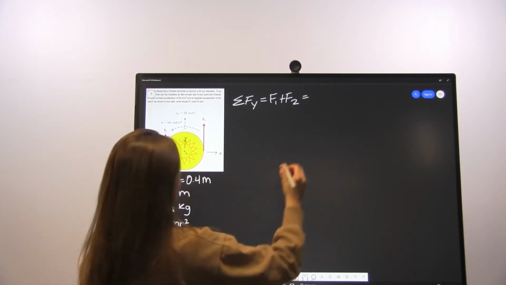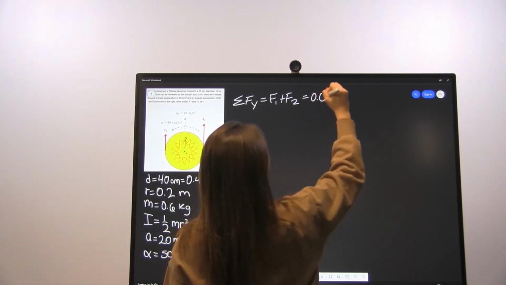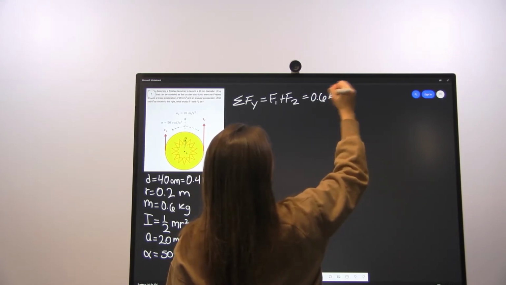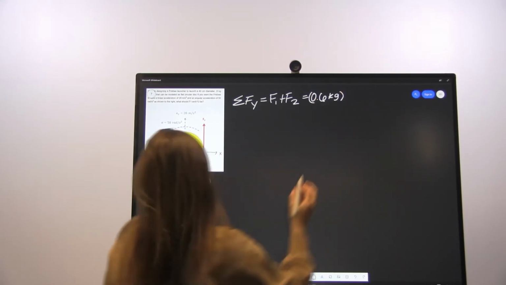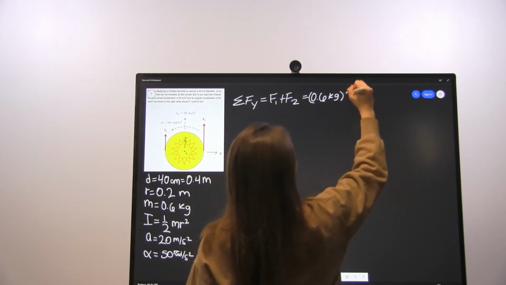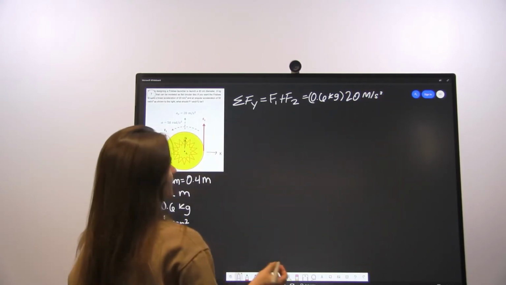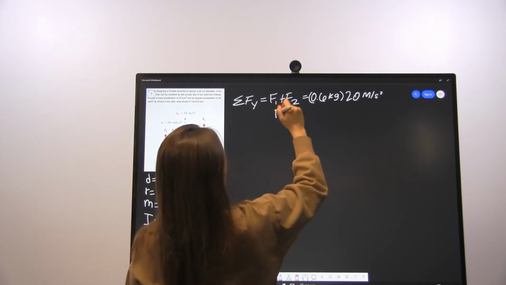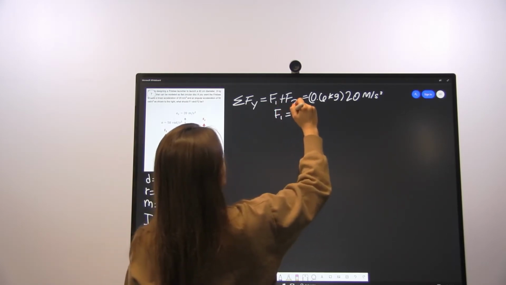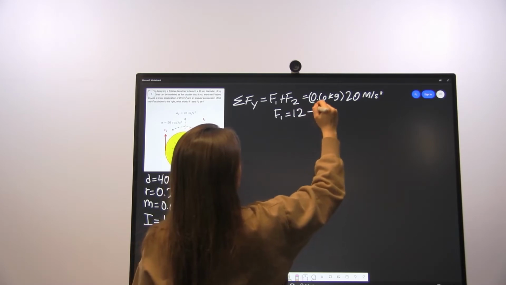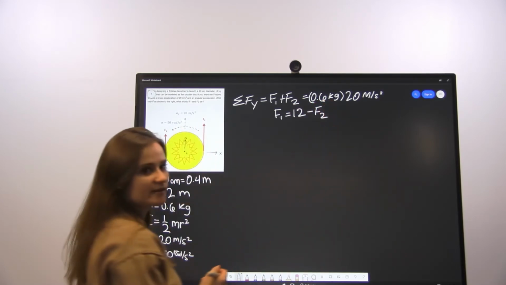Our mass is 0.6 kilograms, and our acceleration in the y direction is 20 meters per second squared. This gives us force 1 is equal to 12 minus force 2 when we simplify this out.